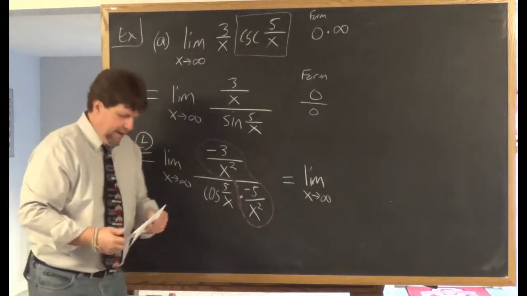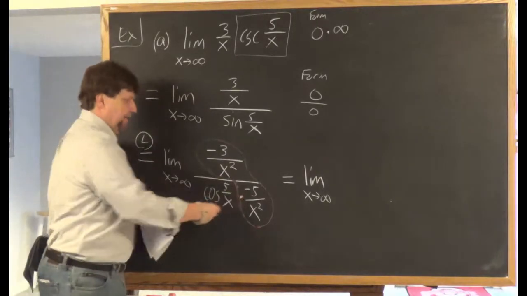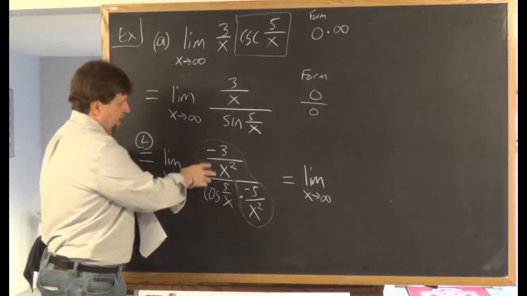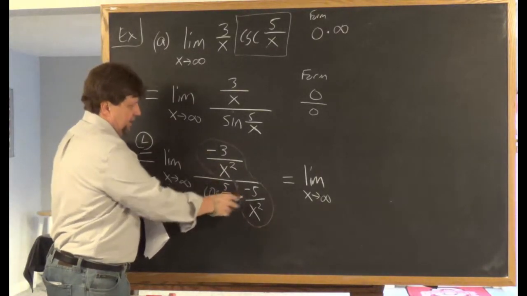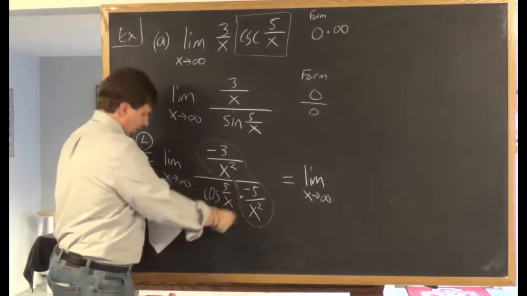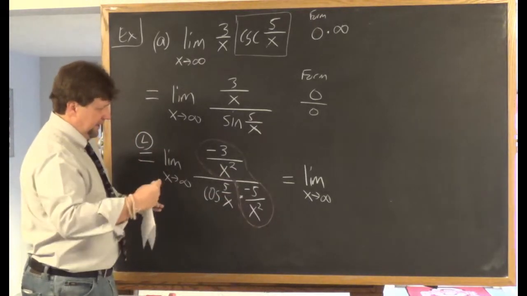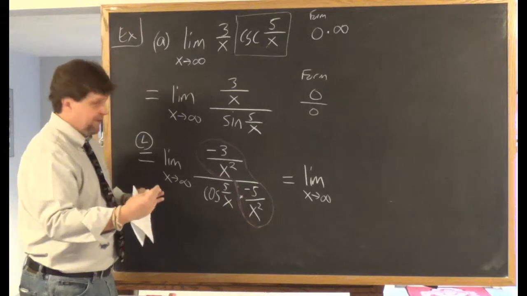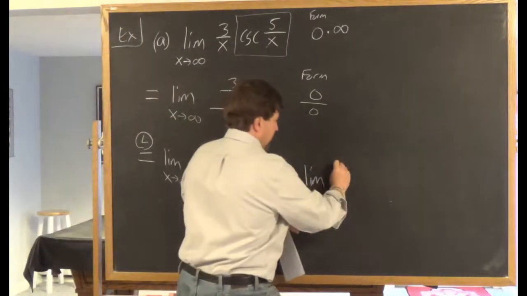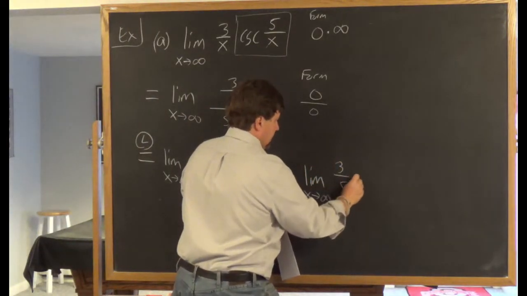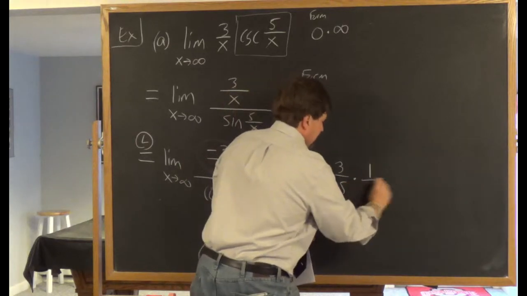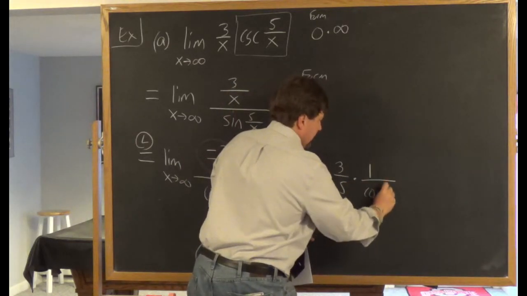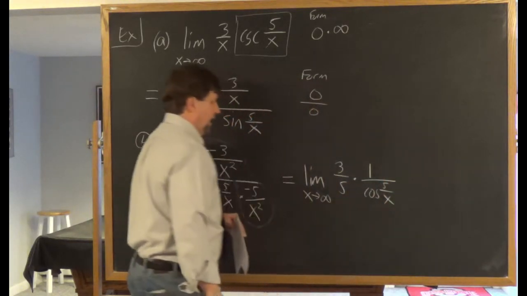Okay, now that mess right there, first we know a negative divided by a negative is going to become a positive. But the 3 over x squared divided by 5 over x squared, that's just going to simply reduce to 3/5. So we'd have a 3/5 times, and then we still have the 1 over cosine 5 over x.